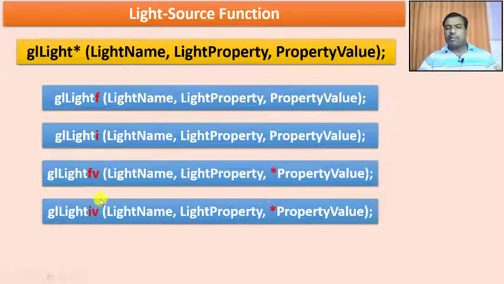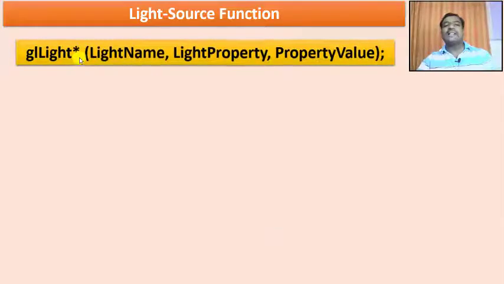V stands for vector, where the third parameter is going to be an array reference. If I am passing an array as the third parameter, this should be the vector version. If I am just passing a single value, this should be the plain function. That's where we make use of star and replace it.